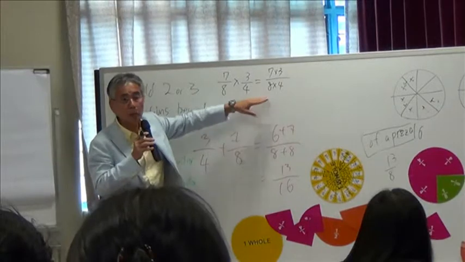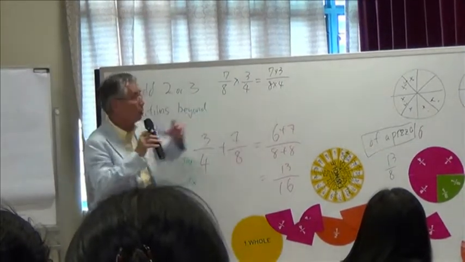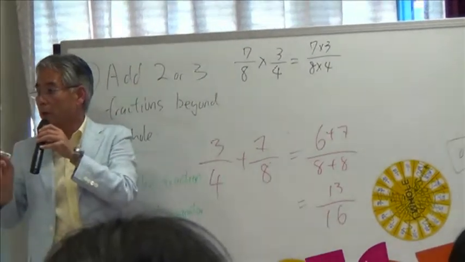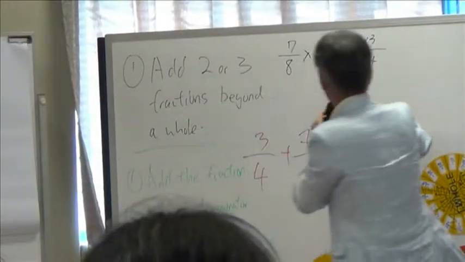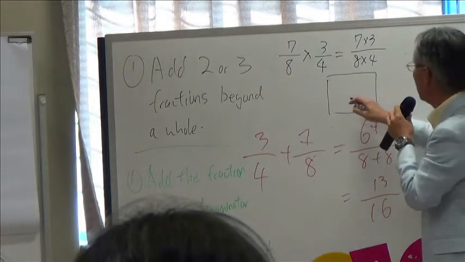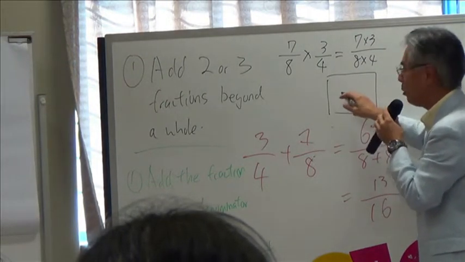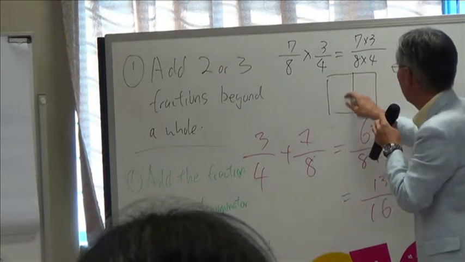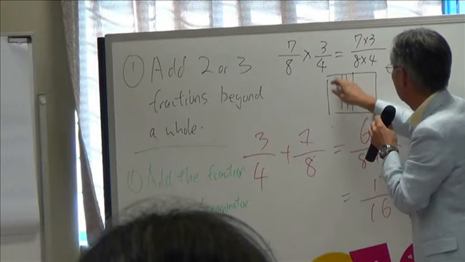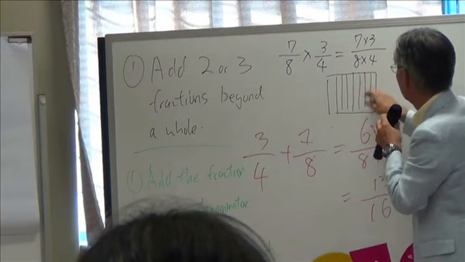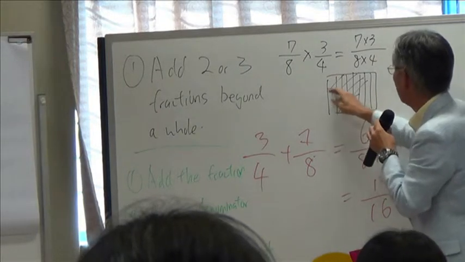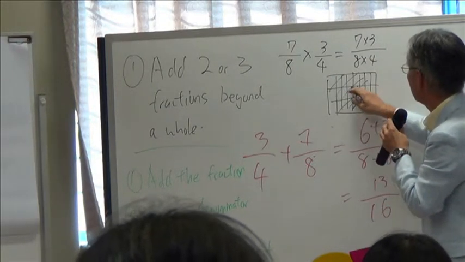Why do we do it? Because it makes sense. In this case, we need to change the size of unit. So, for example, I showed yesterday, like the day before yesterday, 7/8, and then 3/4, right?